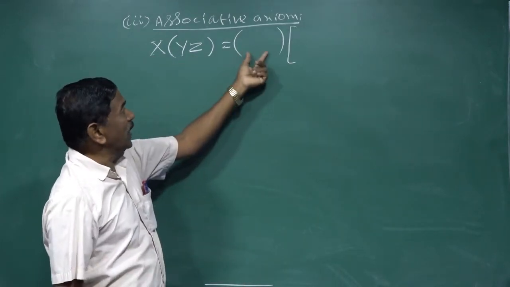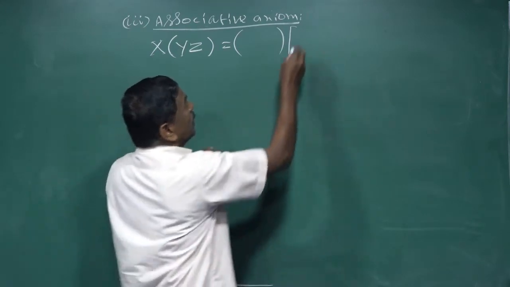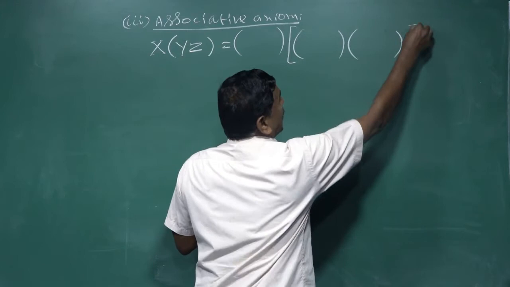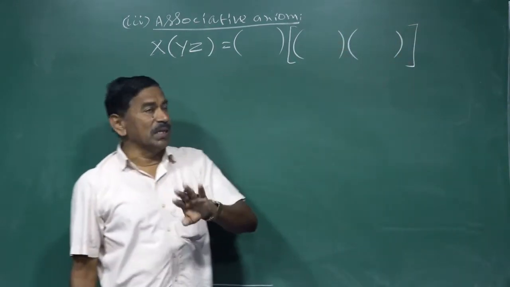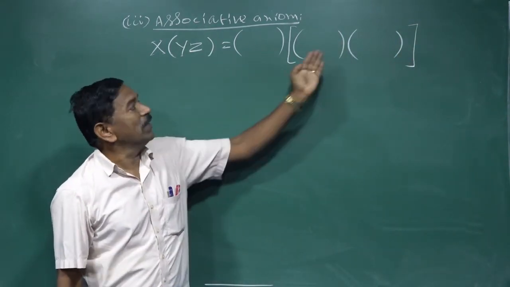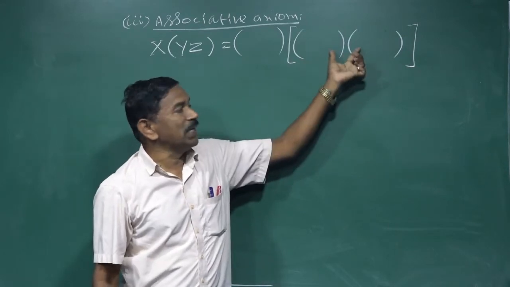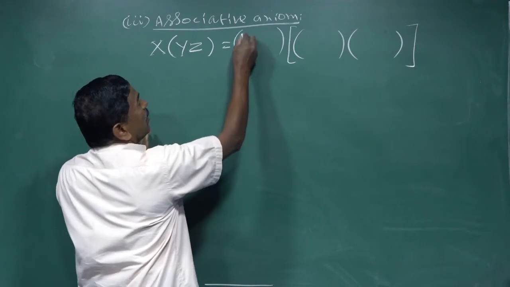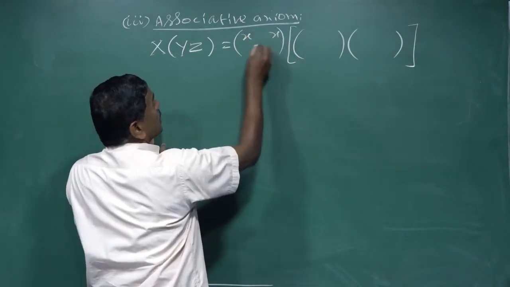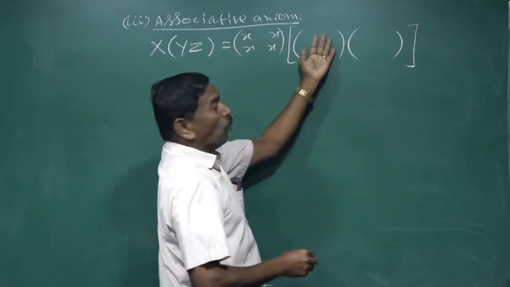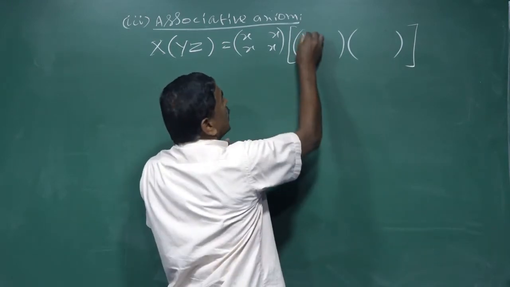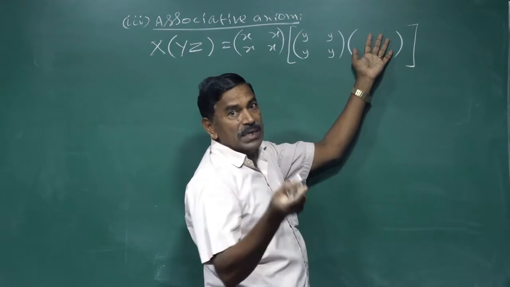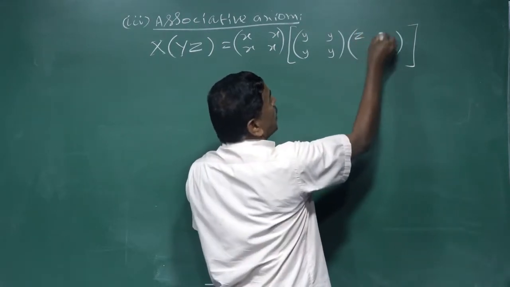So X matrix into [Y matrix into Z matrix], complete the square bracket. Now, X matrix is equal to small x, Y matrix is equal to small y, and Z matrix is equal to small z.